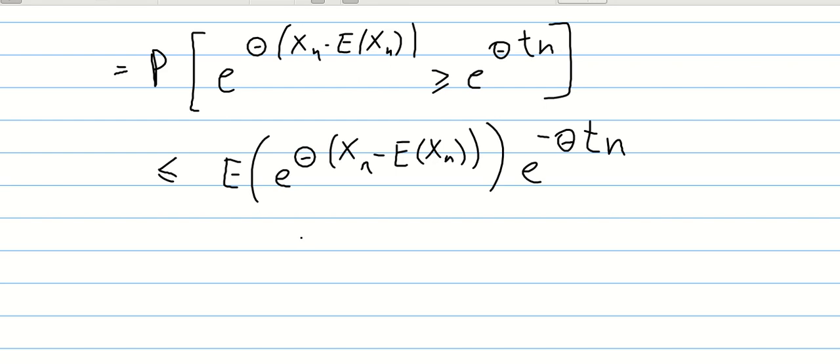And I promised you that the exponential function here was going to help us from here on. And the reason why it helps is because you remember X_n was a sum of independent random variables. So let's write that sum.